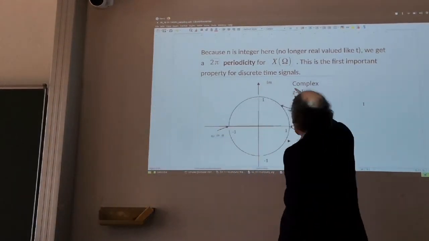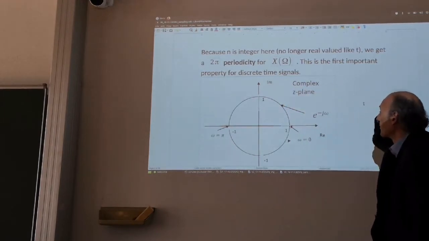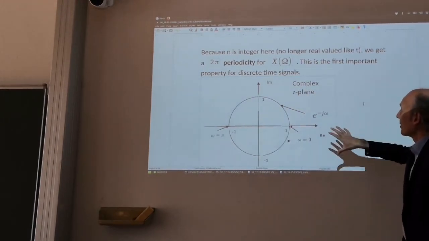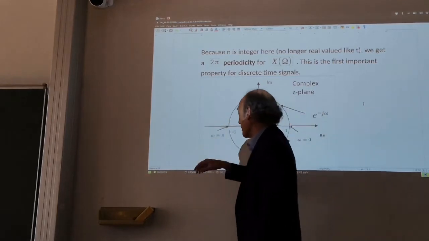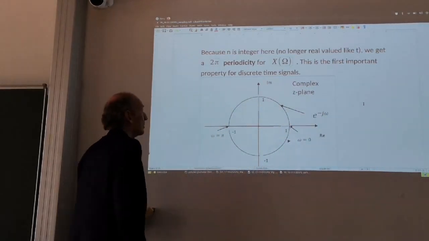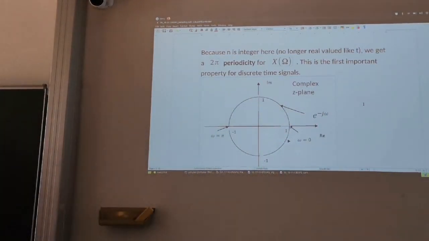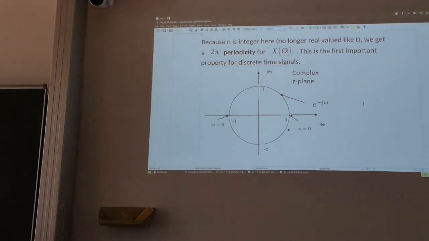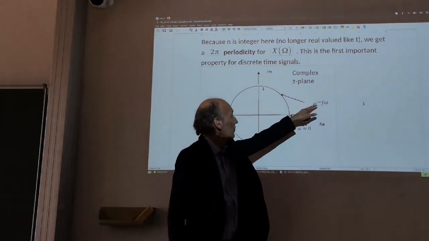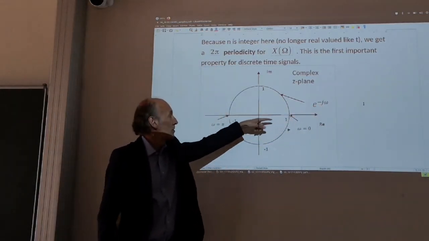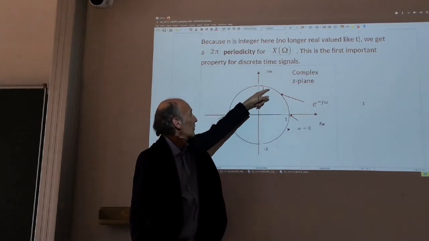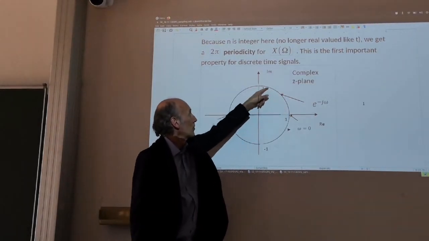That's the first important property for discrete time signals. Here you have the complex Z-plane. And this is e to the minus j omega from the DTFT, which lies on a circle on this complex plane.